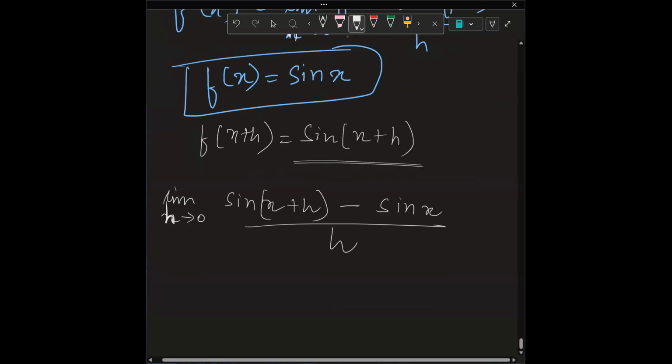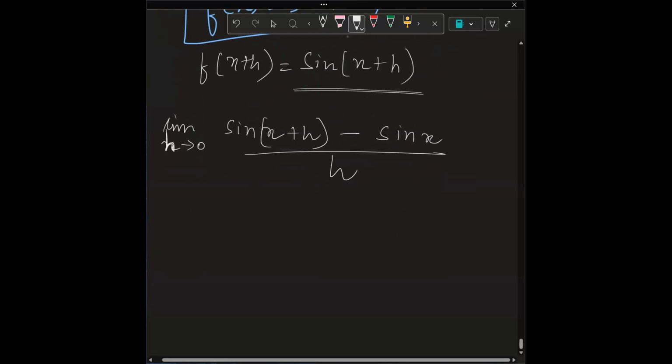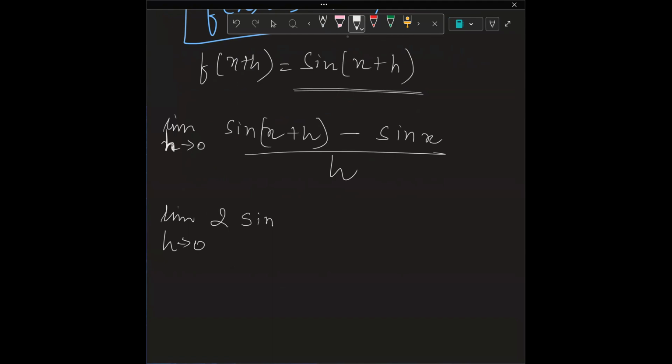What is sin a minus sin b? Sin a minus sin b. What is sin(a plus b)? Sin x cos h plus cos x sin h.